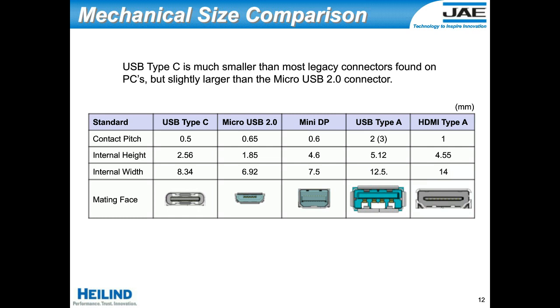One of the things that was changed is the contact spacing in USB Type-C, which is a little bit less than some of the other standards. Right now it's at 0.5 millimeter spacing between pins. However, that smaller pitch is not too much of a concern. Other standards exist that use 0.4 millimeter spacing between contacts, so 0.5 is not necessarily a concern for mounting and soldering in most devices.